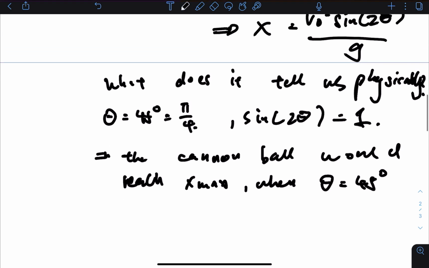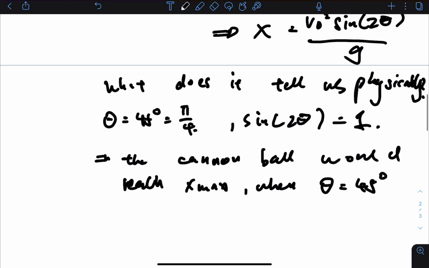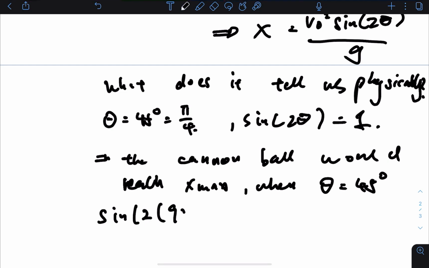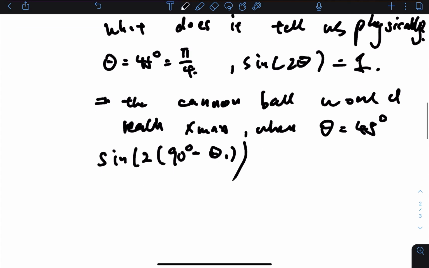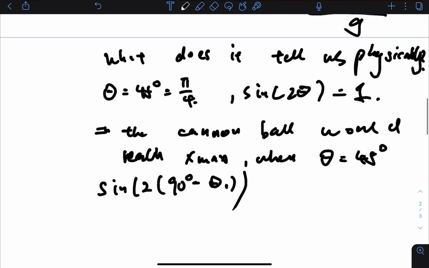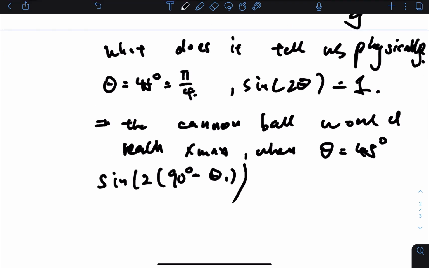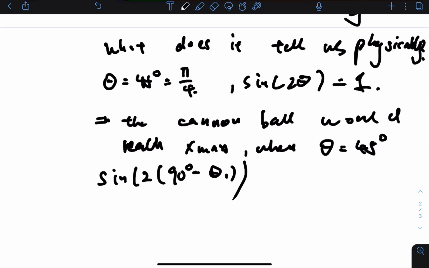And we can observe this a little bit further and manipulate it a bit more, and we discover the following. Let's say I have sine of 2 times (90 degrees minus theta 1). Let me manipulate this a little bit.